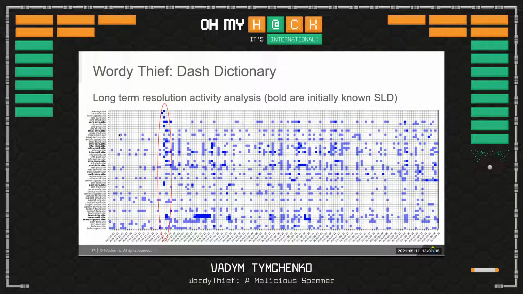The light blue color represents domains that were resolved less than 5 times on this specific day, and dark blue color shows domains which were resolved more than 5 times. What is really interesting here is that all of the domains we knew about had their activity started on November 25th. But if you look carefully, there are several domains that we identified matching exactly the same behavioral pattern.